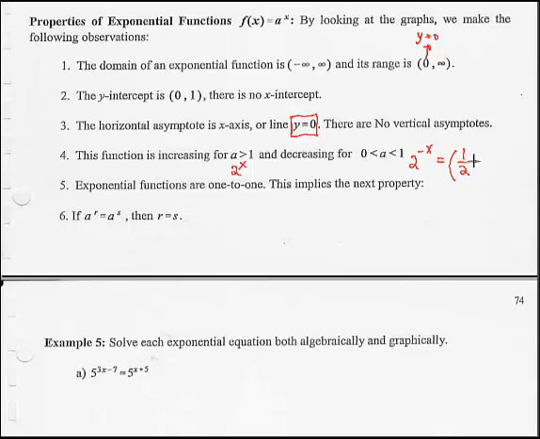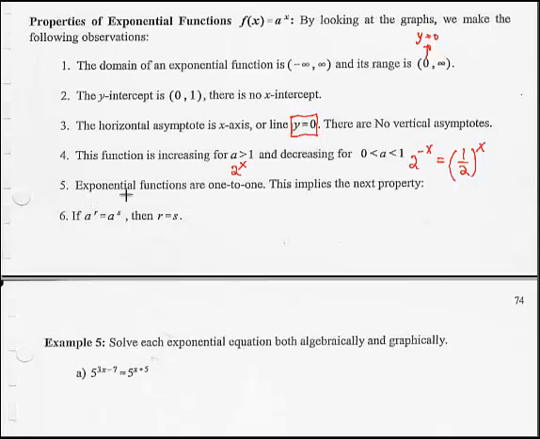And so doing that, you would have 1/2 associating the negative part of the exponent with the 2. You would rewrite the 2 as 1/2 with a positive x. And so here we have an a that is less than 1 and greater than 0. And so this is decreasing for all x in the domain. If a is greater than 1, then the function is increasing for all x in the domain.